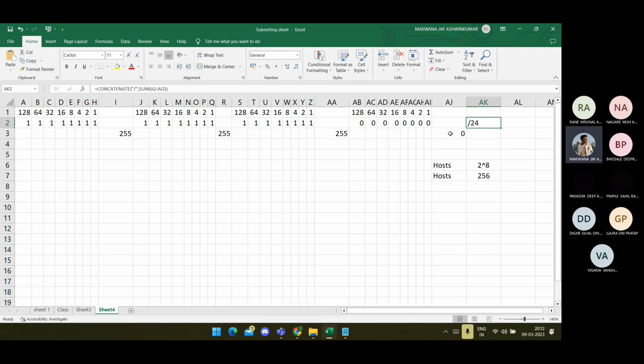So if we change the number of bits over here, let's turn on this bit as 1. It will go to slash 25. If we turn on this bit, then it will go to slash 26. If we turn on all the bits, the total of this number will be 255.